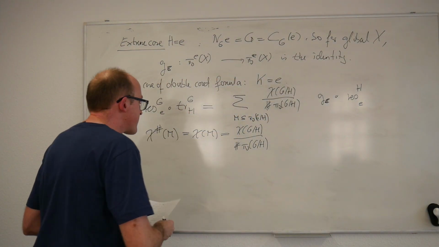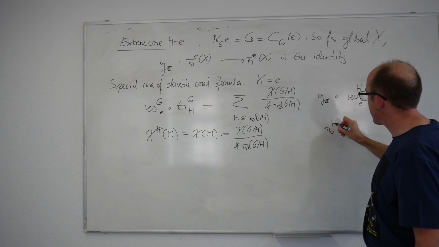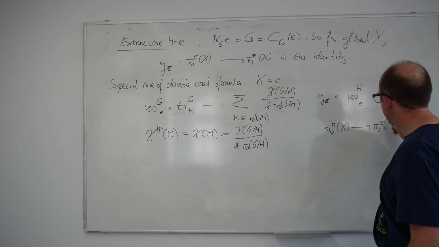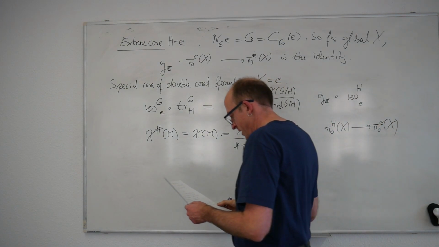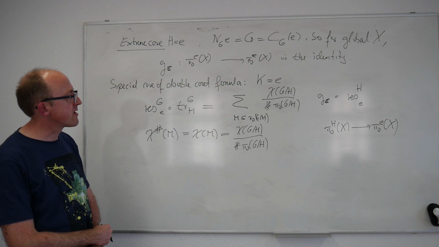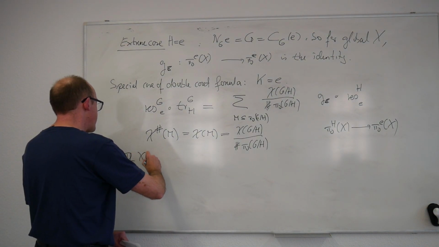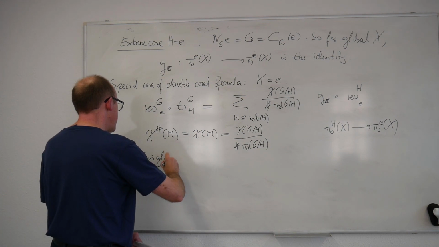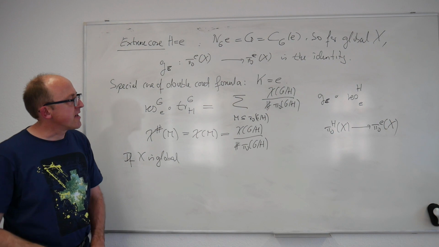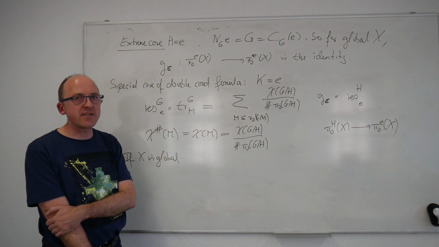Okay, so this is now a map from the H equivariant homotopy group of X down to the non-equivariant homotopy group of X. Now, as I said a little bit earlier, in the global situation, we can simplify this even further. If X is global, so I mean if the G action on X is trivial, then as I explained on the last whiteboard, G lower star is always the identity.